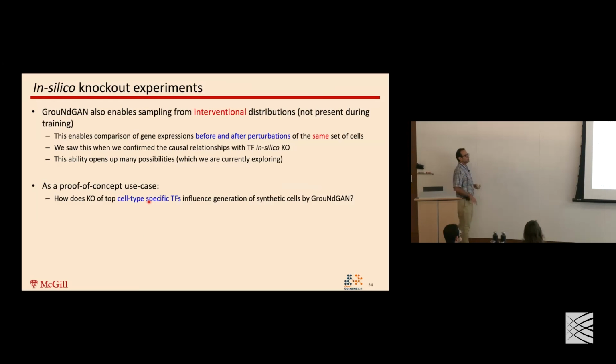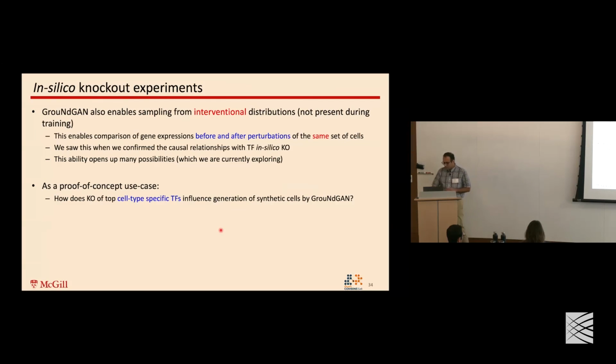And this is something that we are quite interested in, and we are actively working to further improve and expand on. But as a proof of concept use case, we asked the question: how would the in-silico knockout of top cell type specific transcription factors influence the generation of synthetic cells by GRouNdGAN?